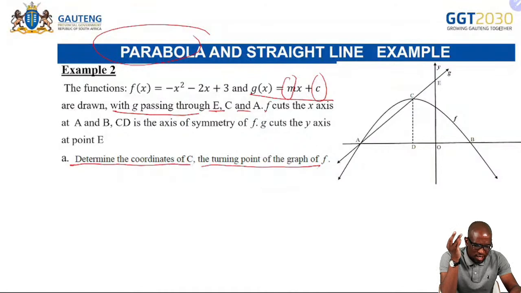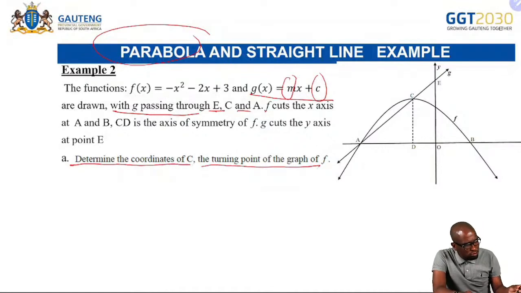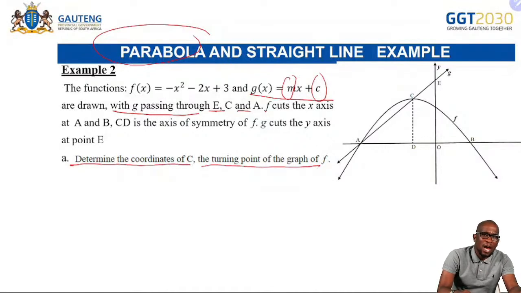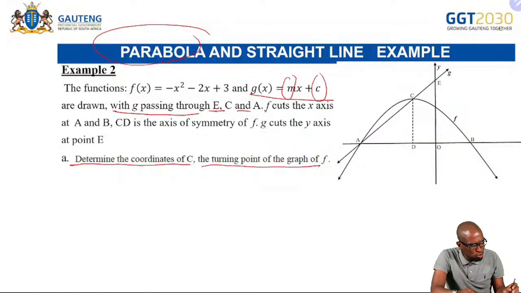He will just say determine the coordinates of C, because already they have told you maybe in the statement that C is a turning point, or you can see from the graph that C is the turning point. So how do we find the turning point? Last time, when I was still looking at parameters, I showed you the 4 ways that you can use to find the turning point. I'm going to use one of the ways.